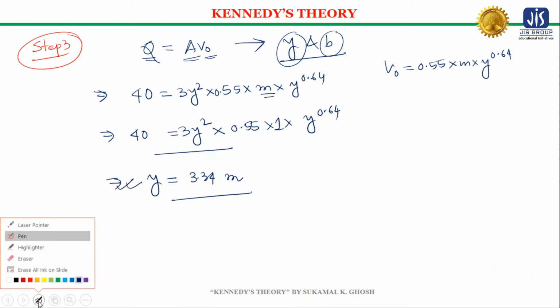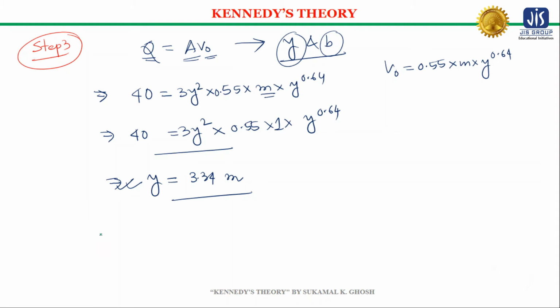And we know that b by y is equal to 2.5. So b is equal to 2.5y. So it is 2.5, the value of y is 3.34.